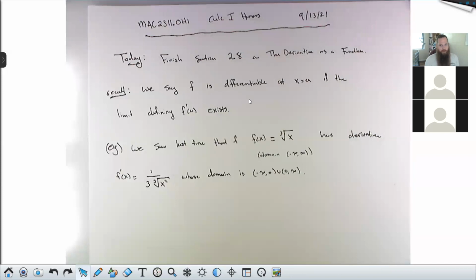So even though this function f of x is continuous everywhere, its domain is all real numbers, that graph is connected, the derivative, and Radha and Natasha will show you how to do this computation without any nasty limit stuff on Wednesday. His derivative comes out to this guy, which is undefined when x is equal to 0.